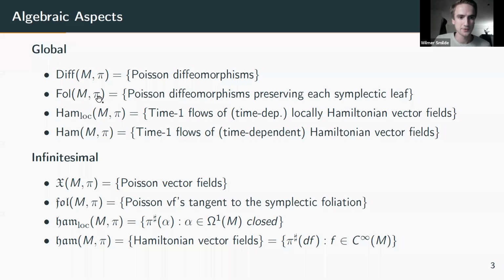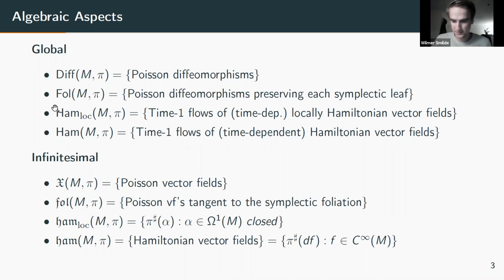And finally, there's still one group in between, which are the locally Hamiltonian Poisson diffeomorphisms, and those are similarly defined to the normal Hamiltonian ones. These are the time one flows of locally Hamiltonian vector fields. And what are locally Hamiltonian vector fields? A locally Hamiltonian vector field is locally given by a Hamiltonian function, or you can alternatively describe it as being the image of a closed one form.